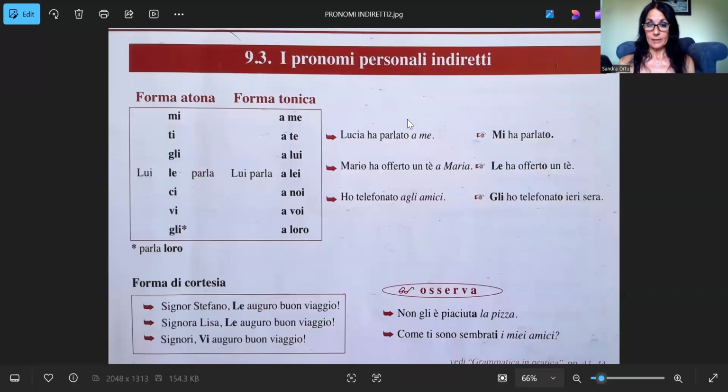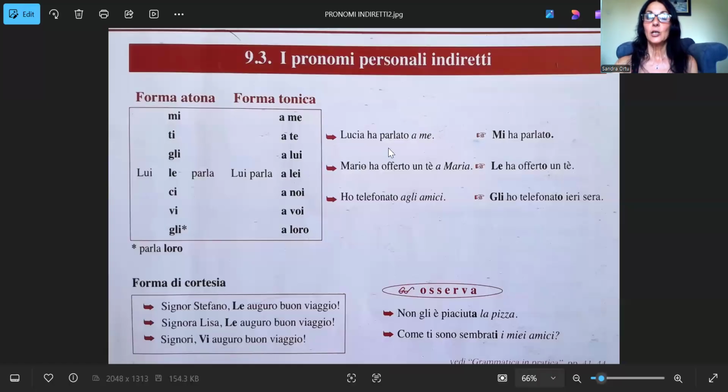We have basically the same sentence. However, we're using the strong form here and the weak form here. Let's read these examples.